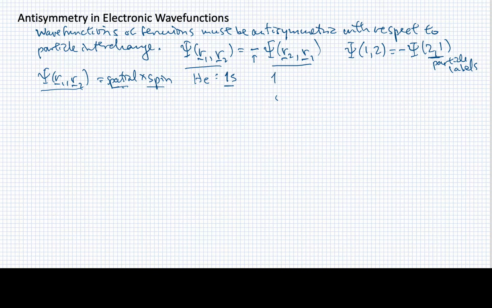I'm going to write 1s for the spatial part of the wave function, and then I'm going to write either an alpha or a beta, and then I'm going to indicate which of the electrons we're talking about. So this is electron 1 in a 1s orbital with spin state alpha. Similarly, 1s beta 1 would be that same electron in a 1s orbital but with spin state beta.